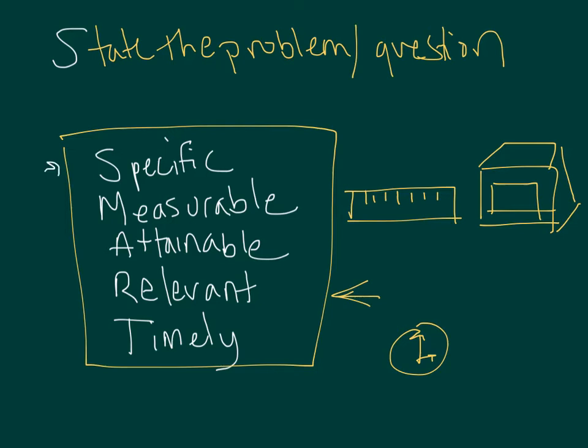It's specific, meaning it's relevant to the task at hand. It's measurable, meaning you can go out and actually get some data. It's attainable, meaning you could do it. Relevant, meaning it has to do with a concept. And timely, meaning that you could do it in a reasonable amount of time and that it won't take you years and days, but it could actually take you a class period.